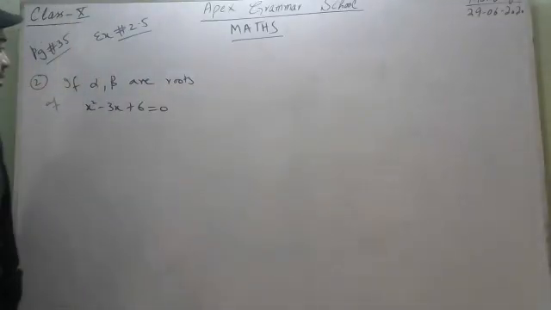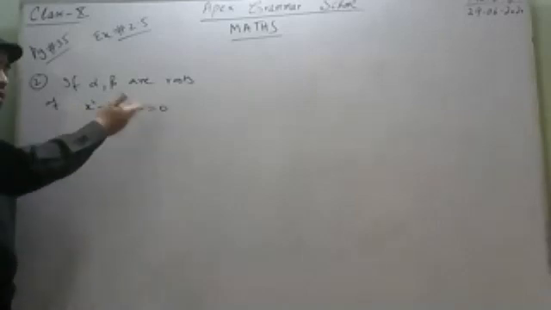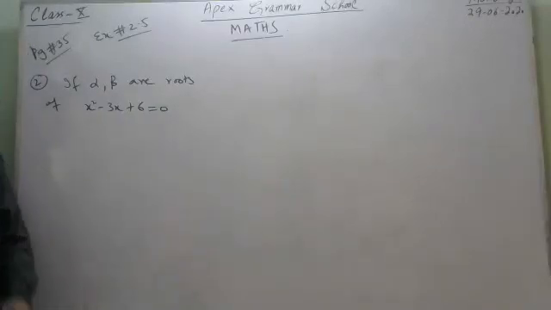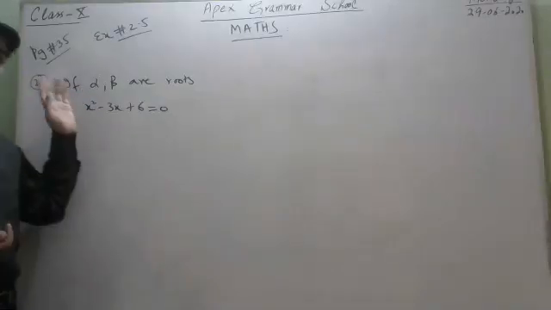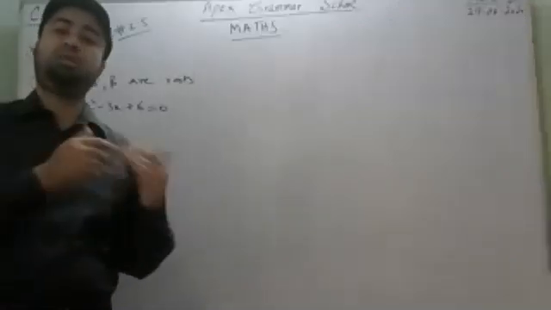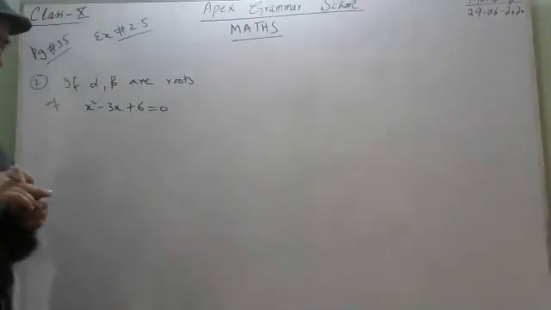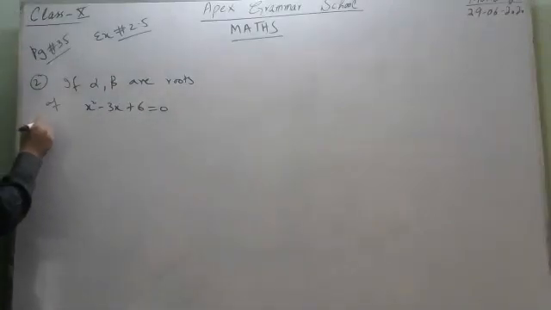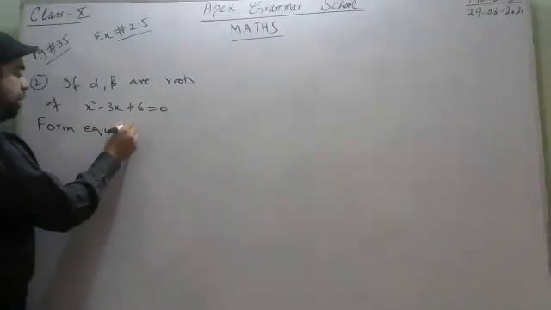Just now he is telling us that x square minus 3x plus 6 is equal to 0, and we don't have any roots, just the familiar names: the first root is alpha and the second is beta. So we don't know about these roots. Now the question is, form an equation.